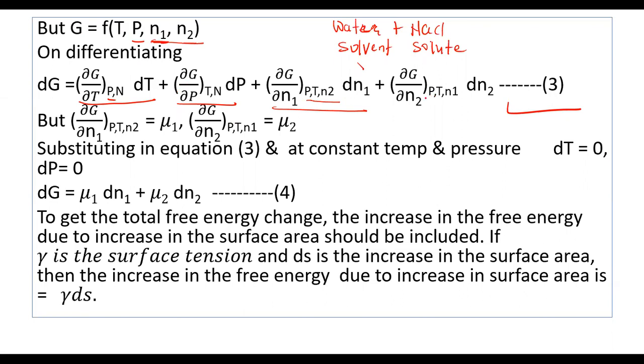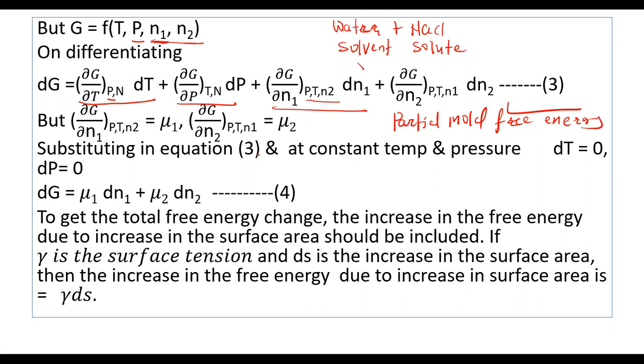But we know that the change in the free energy with respect to number of moles is nothing but the partial molal free energy, and this partial molal free energy is also called the chemical potential.